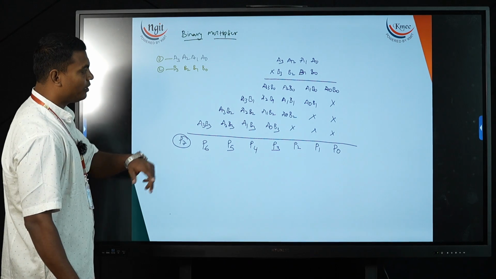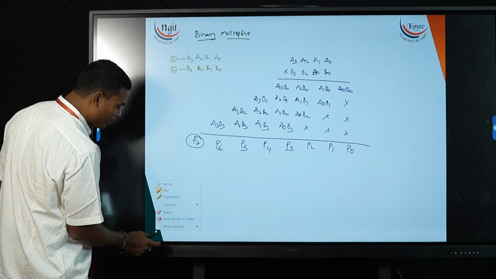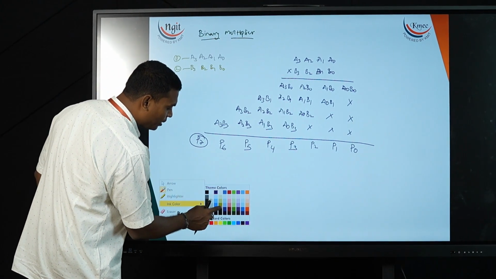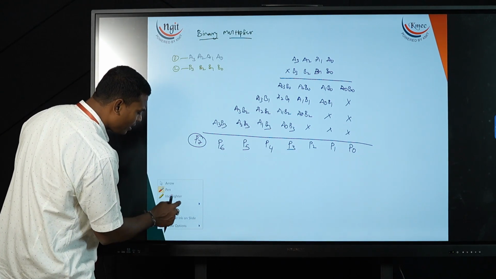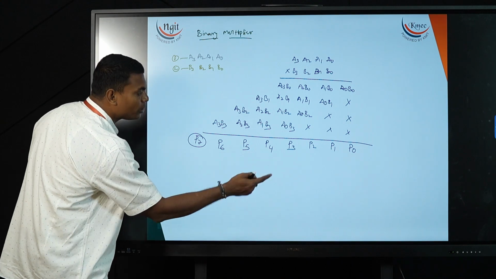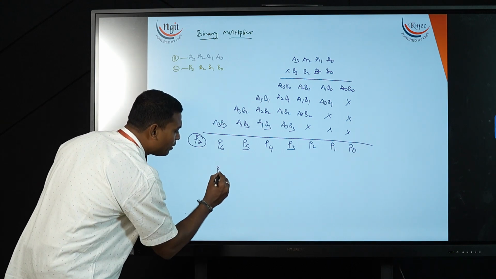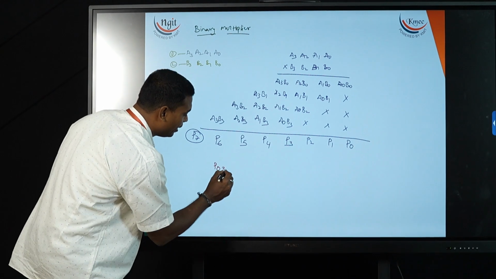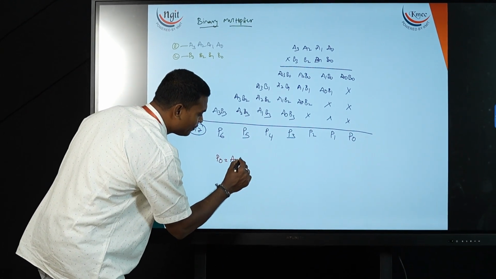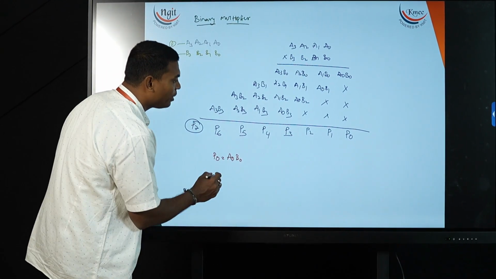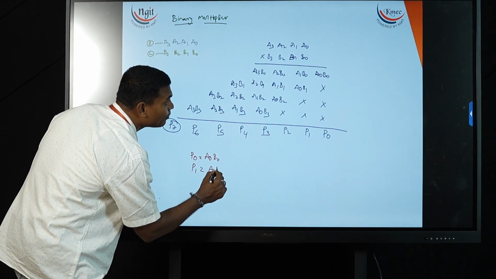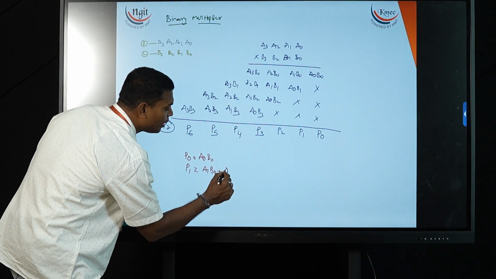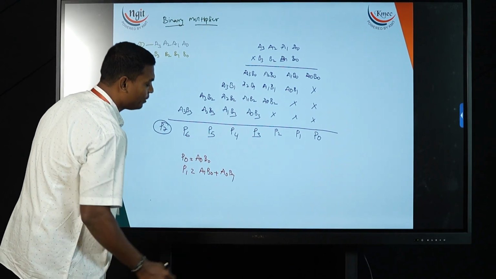But how do we represent our product terms? Let's see with an example. P0 can be represented as A0 B0. P1 can be represented as A1 B0 plus A0 B1.